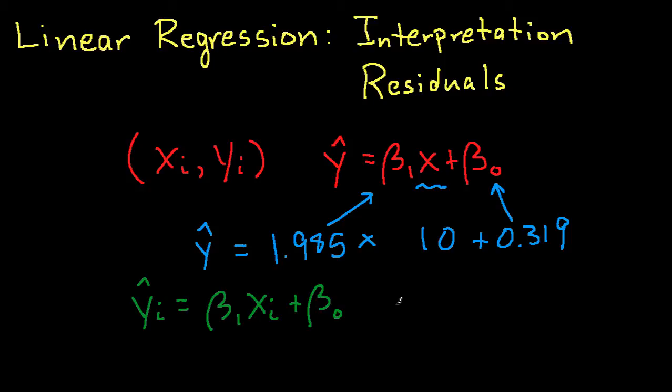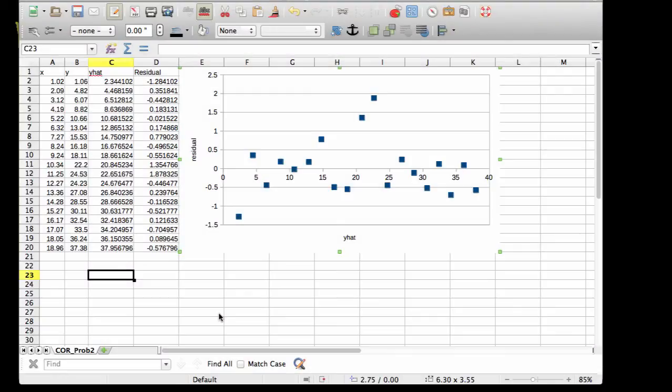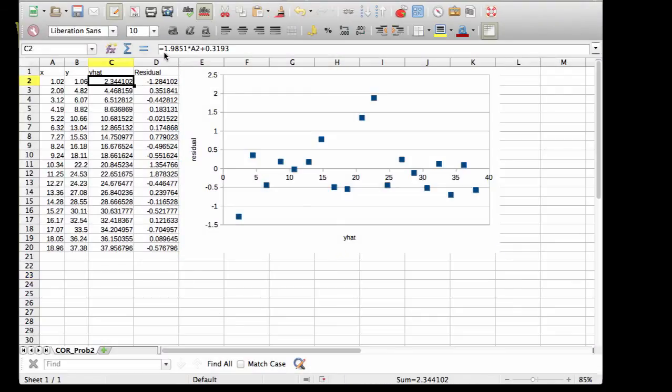And then for each predicted y value, I create a residual e i, which is the actual y minus the predicted y. I've used this spreadsheet to compute the predicted y value. Again, you can see that this is my linear regression model. And from the predicted y value, I've computed the residual of the actual y value minus the predicted y value.